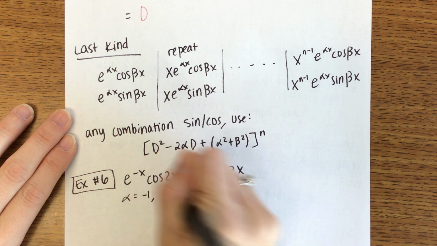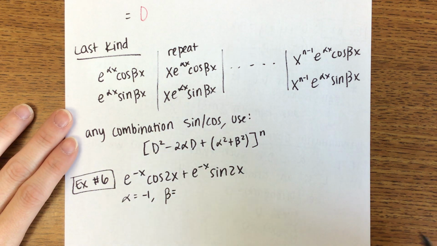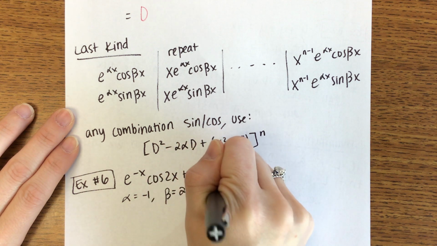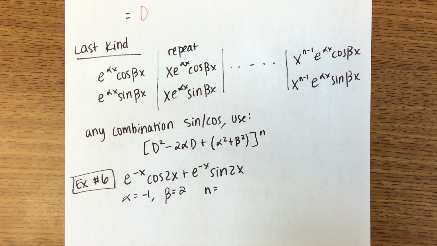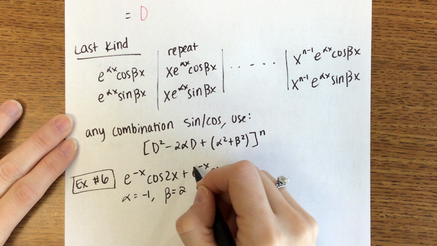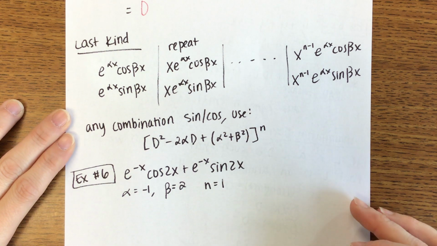What is beta? 2. Does the root repeat itself? How do you know if the root repeats? Because some people are going to say yes because there's two terms. Right, there's got to be an x out in front, like an x or an x squared or something, so the root does not repeat itself.